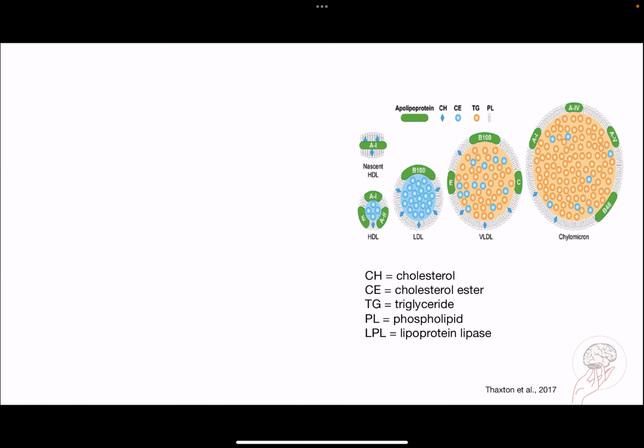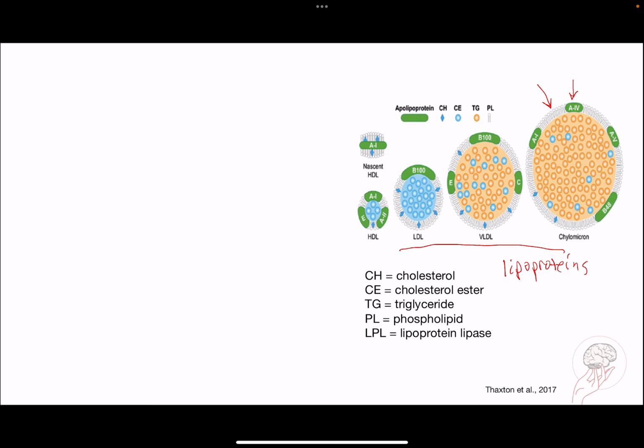So let's remind ourselves what a chylomicron looks like. These are all lipoproteins. They get this name because they are made up of a phospholipid membrane that has proteins embedded in it. And these proteins actually tell the body what type of lipoprotein this is.